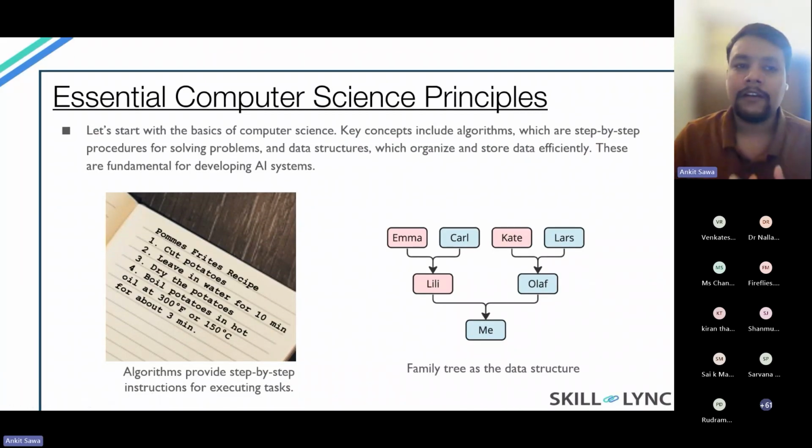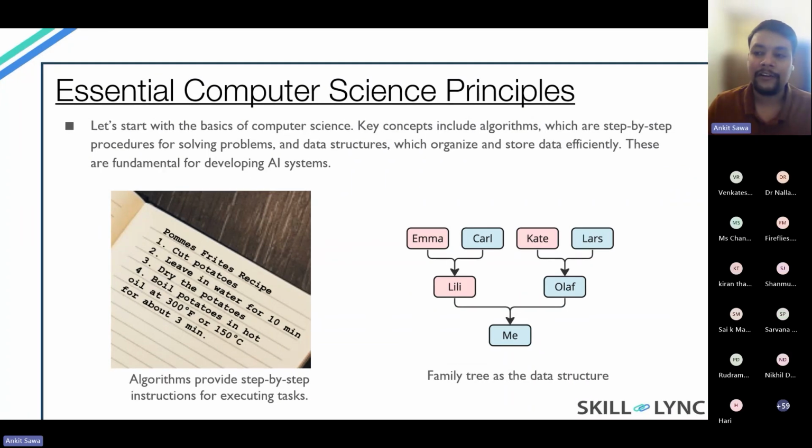So we'll start with a little bit of background, nothing we need to be afraid of, whatever technical details we are going to talk about. The two important components of any AI related or programming related field are understanding the concepts of data structures and algorithms.